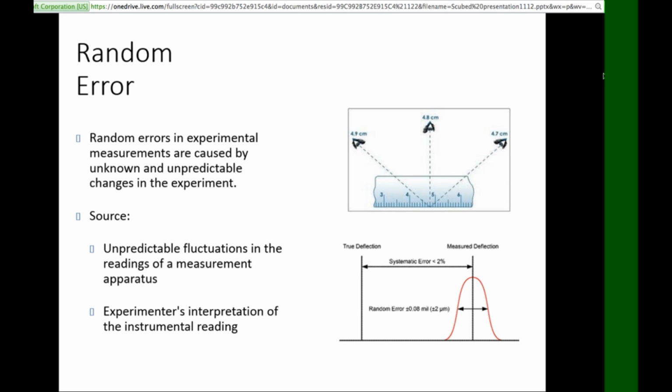Basically, random errors often have a Gaussian normal distribution, and because they are distributed on both sides of the actual value as shown in the diagram, they can be evaluated statistically. But the best way, as we said, of reducing random errors is always to take repeated readings.